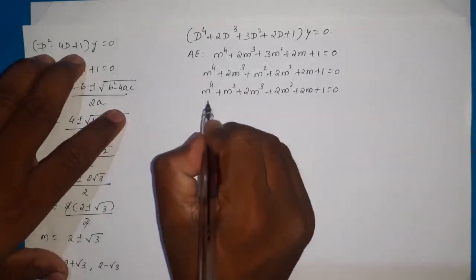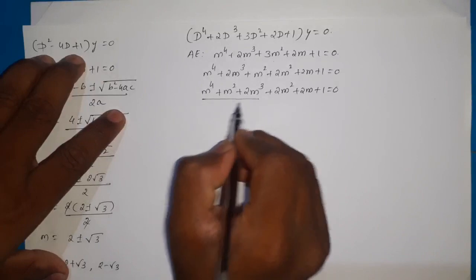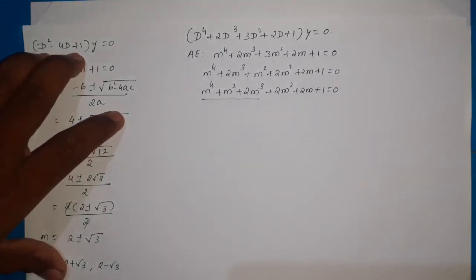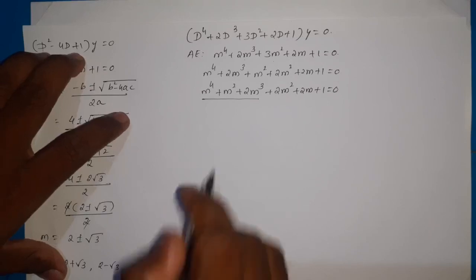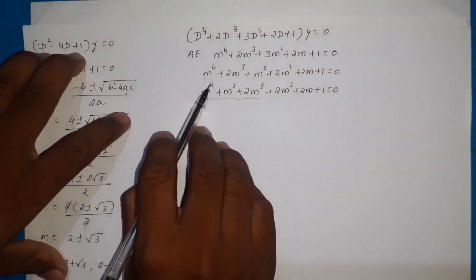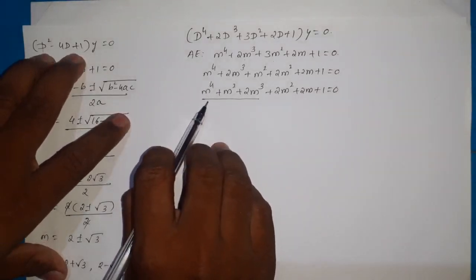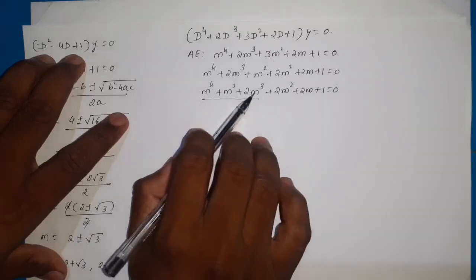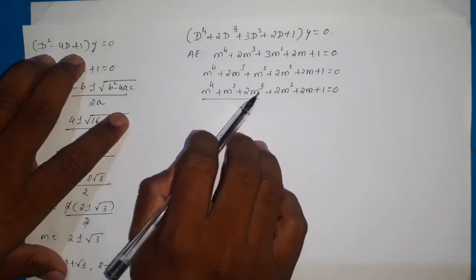Now by looking at the first three terms, it is in the form of a square plus b square plus 2ab. A square means m power 4, then a is equal to m square, b square means b is equal to m, and 2ab is 2 into m square into m.